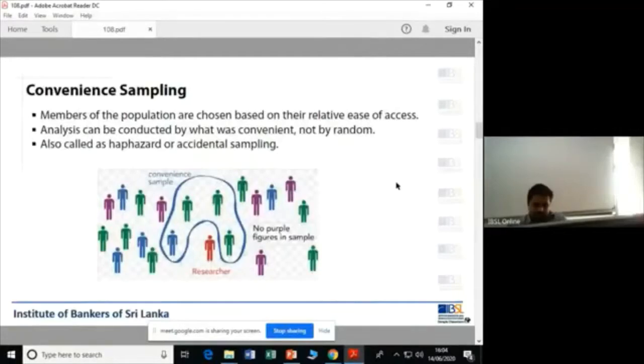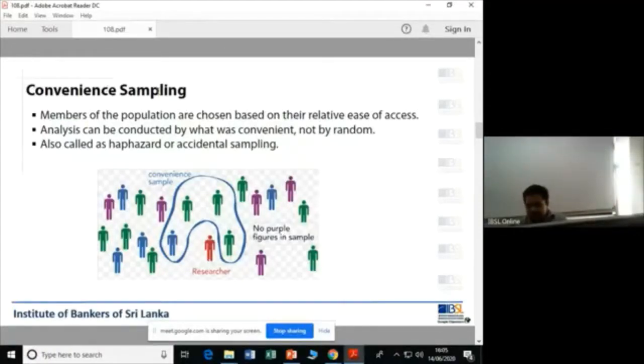First one we are discussing, we call it the convenience sampling. Now students, if you carefully look at the wording of these techniques, in some instances, even at the examination, if you are not really aware exactly what this sampling method is, you could derive a basic understanding from the name used in the technique.